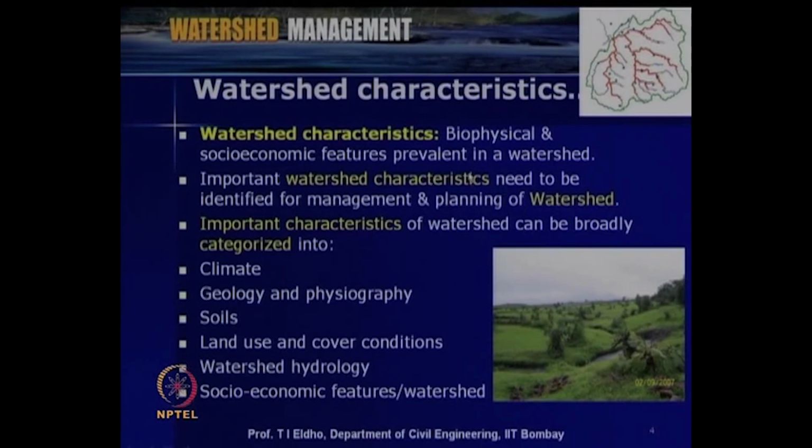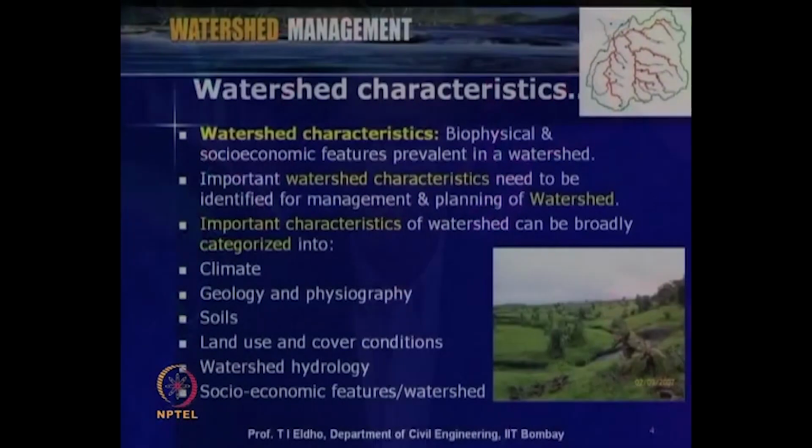These characteristics mainly indicate the physical nature of the watershed, the biological nature of the watershed, the hydrogeological nature of the watershed, and the socio-economic features which are prevalent within the watershed. We have to identify these important watershed characteristics.